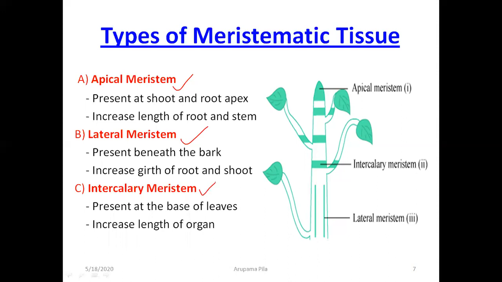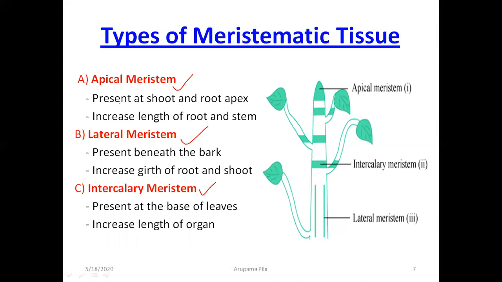Apical meristems are present at the shoot and root apex, means at the tip of the shoot and the root. Their function is to increase the length of root and stem.